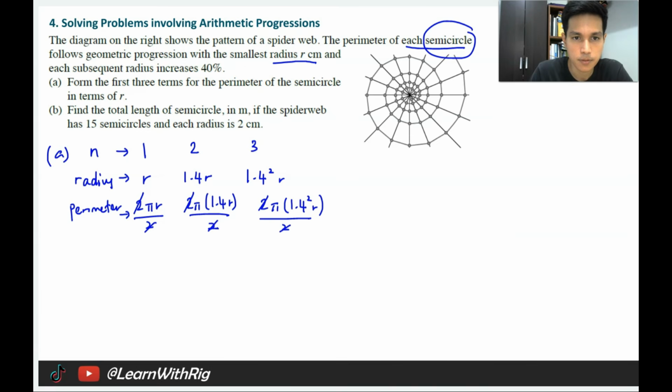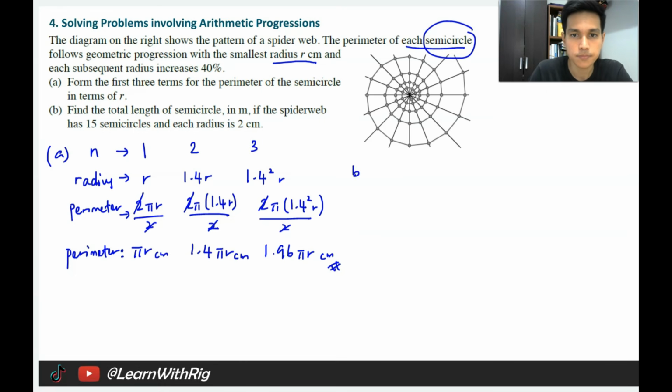So you should get pi R, that's the first term for perimeter, and then you should get 1.4 pi R, and then the last one, calculate the 1.4 square, you should get 1.96 pi R. Okay, so this is your perimeter sequence. Okay, so this is all in terms of cm, by the way. Is it in cm? Yes, in cm. So cm, cm, cm. Okay, this is question A.